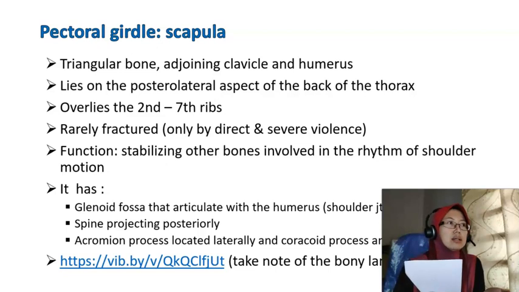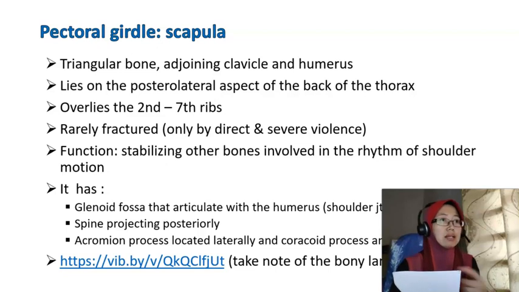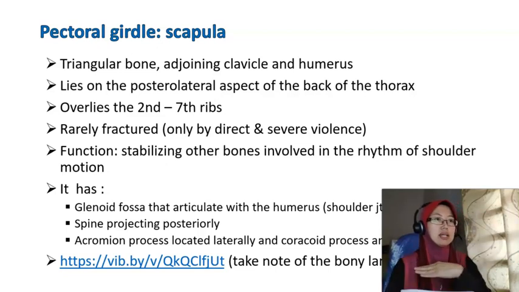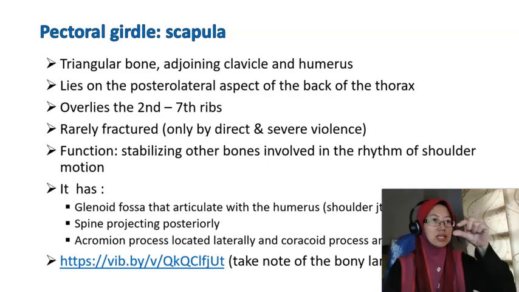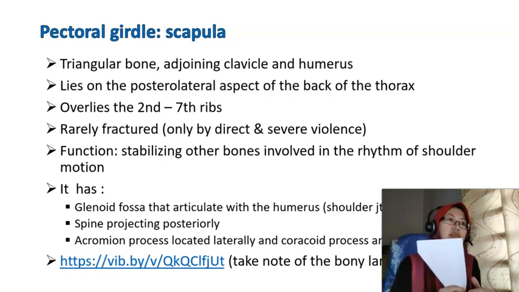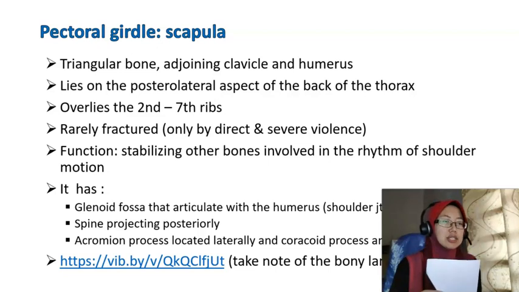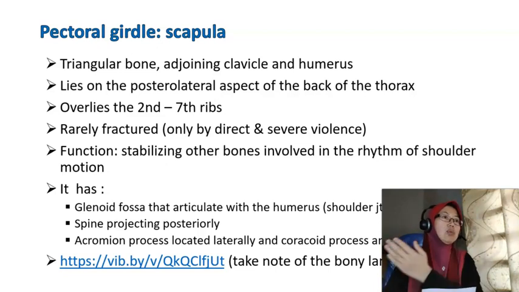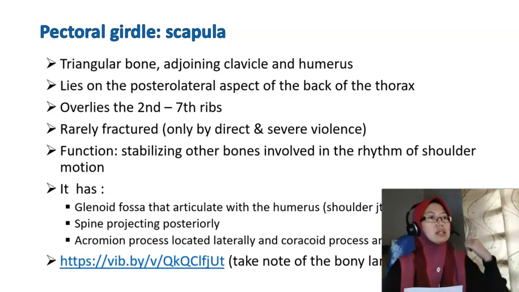If you Google an image of a CT scan thorax, you can see that the scapula in the CT scan will be just a thin line of bone, because it's almost transparent. It's a very thin bone, and it's rarely fractured, and the function of scapula is to stabilize other bones involved in the shoulder movement.